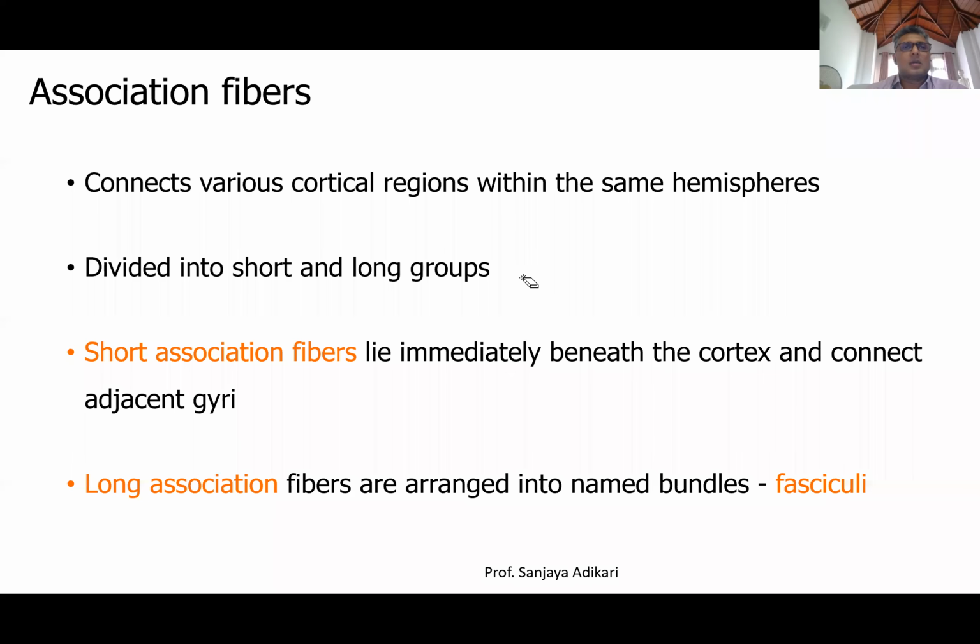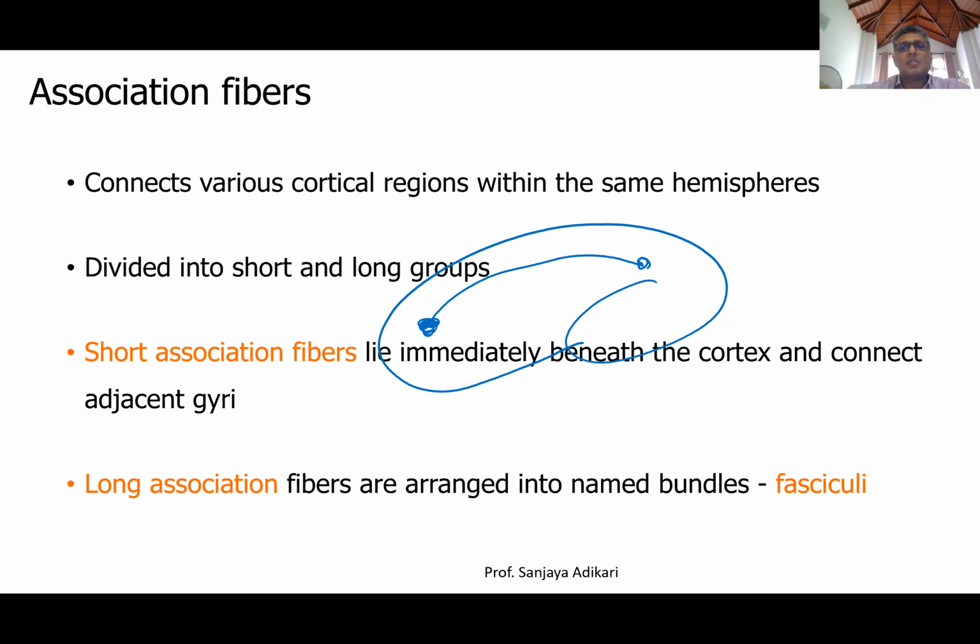Then association fibers, the second category of white matter. Now the commissural fibers connect the two sides, two cerebral hemispheres. Now, association fibers, if you take one cerebral hemisphere like this, will connect two areas in the same cerebral hemisphere.